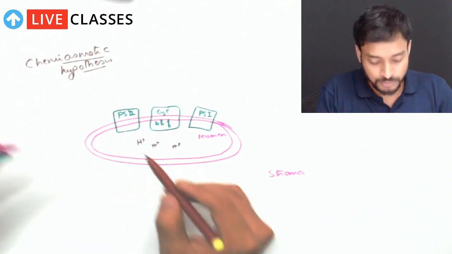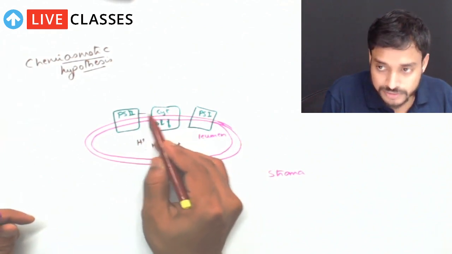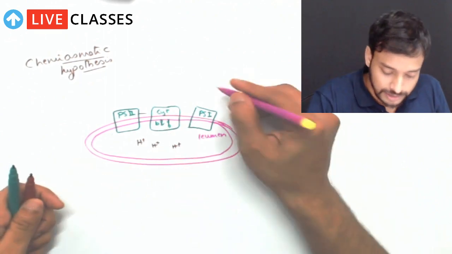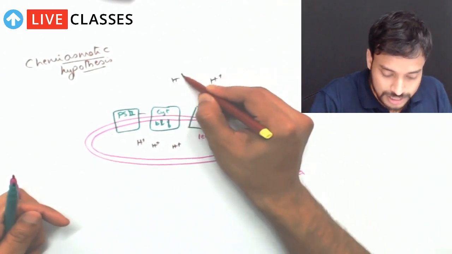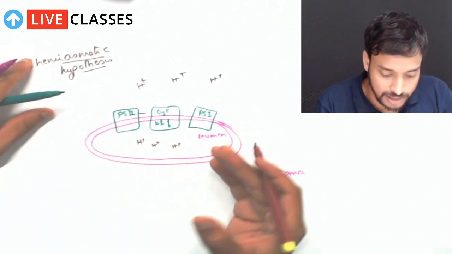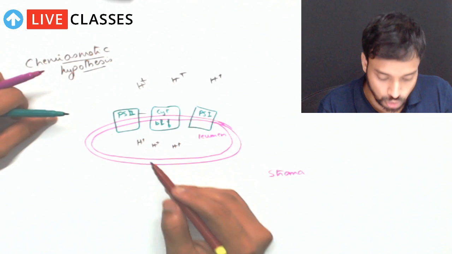That means when from photosystem 1 the electron is transferred to this complex, what happens? The H plus ions which are present in the stroma. So you understand, H plus ions are also present in the stroma, and stroma is the liquid part of the chloroplast, the cytoplasmic part, you can say, of the chloroplast.